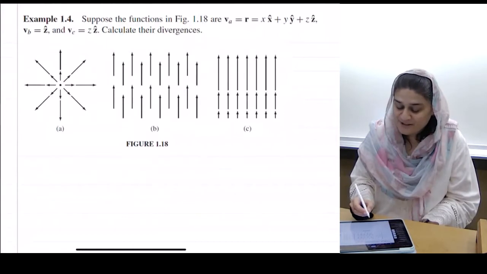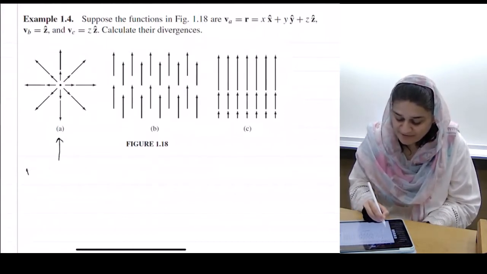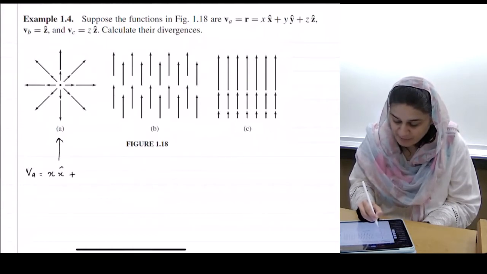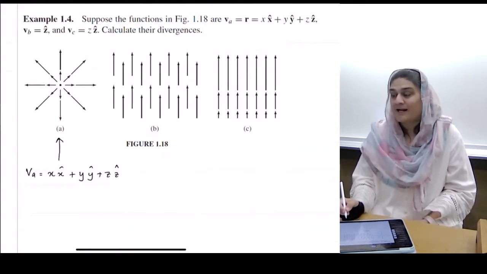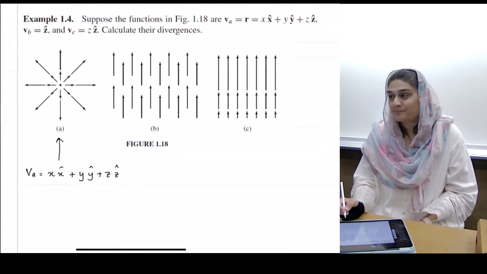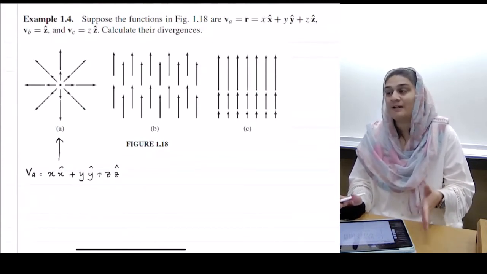Calculate their divergences. So for this one, they give me VA equals x hat plus y hat plus z hat. Everybody understands x hat, y hat, z hat, right? I tend to write ijk, but you could just as well write xyz.